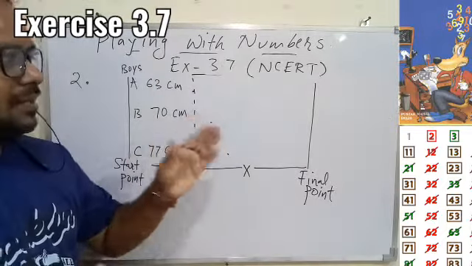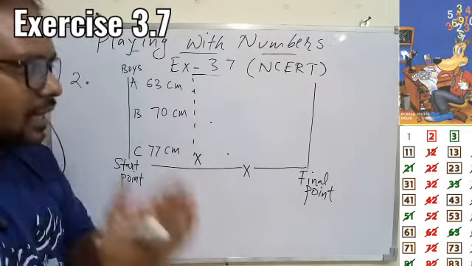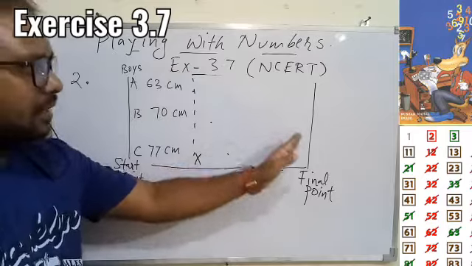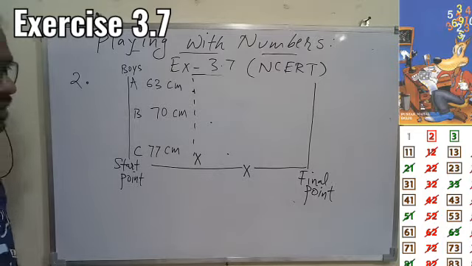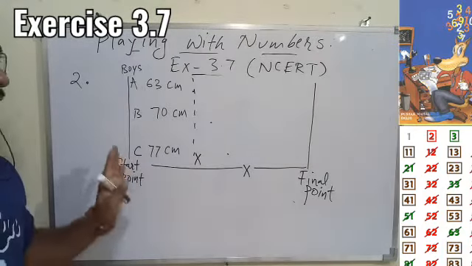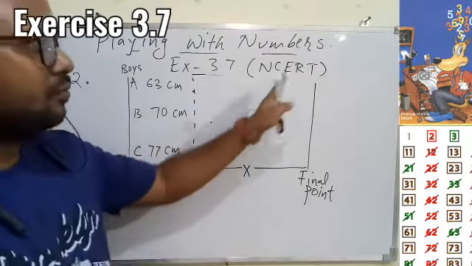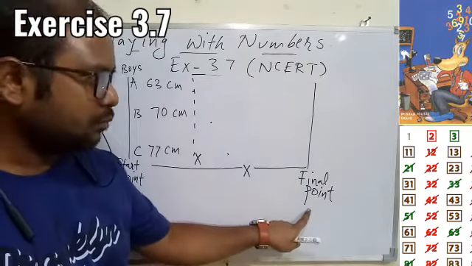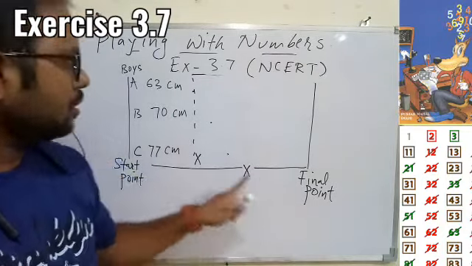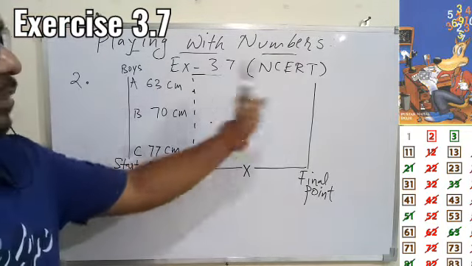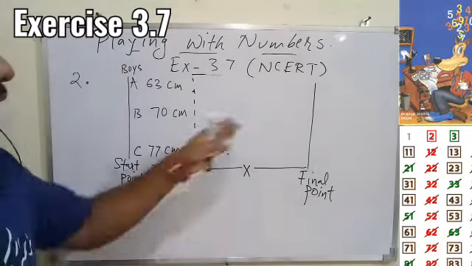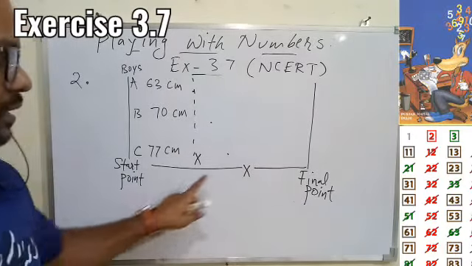So there will be some minimum distance that will be completing the steps for all the 3. So overall we are going to find out the minimum distance common to all the 3, and let that distance have a line that is called final point. This is the line on which all the 3 will put the step.